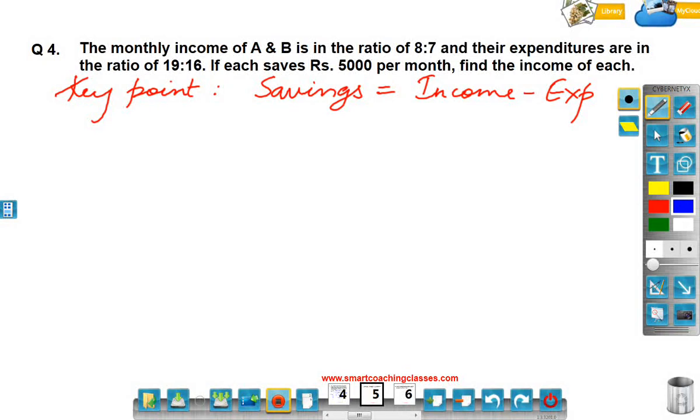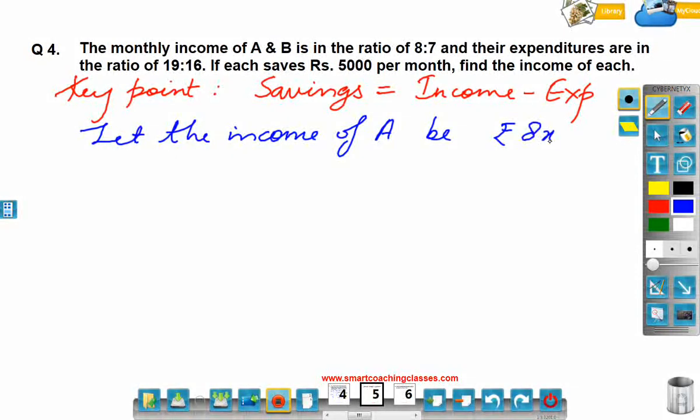So we have the incomes of A and B in the ratio of 8:7. So we will say let the income of A be rupees 8x. 8:7, so 8x. Similarly, income of B is rupees 7x, because 8:7.